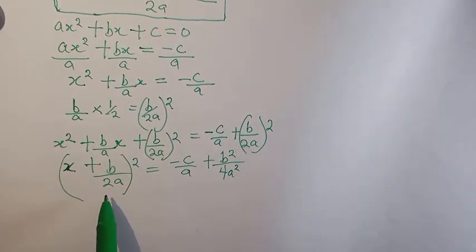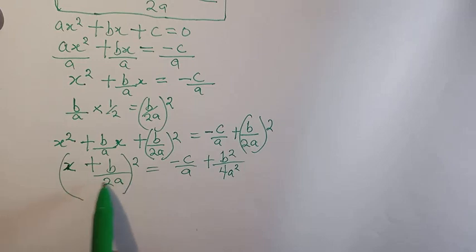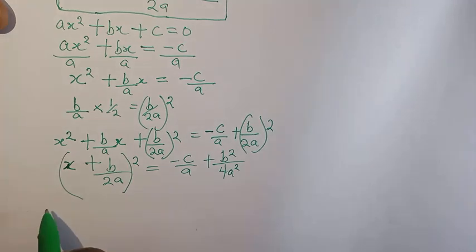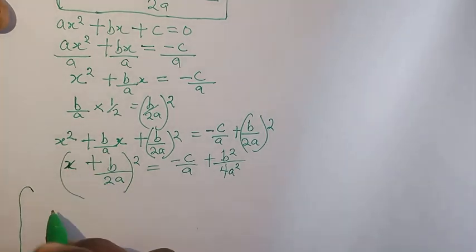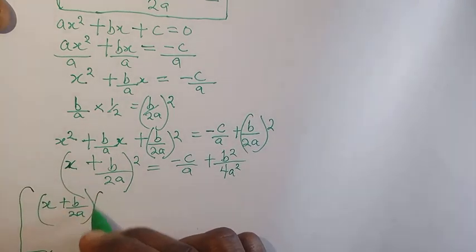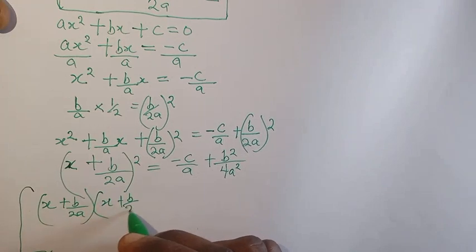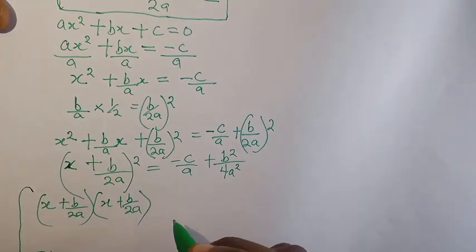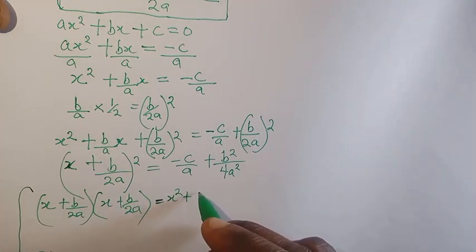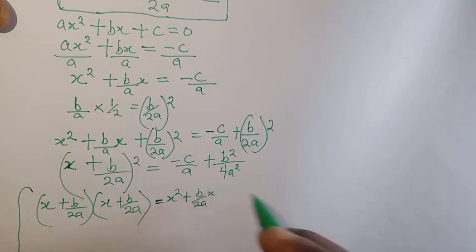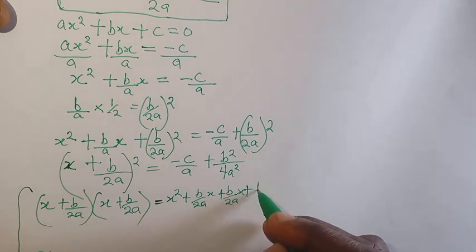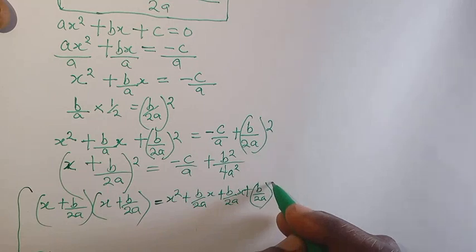Okay, so you might be wondering how we came about this. Yes, if we expand this particular term, it's going to give us this. So I'm going to quickly show that here. x plus b over 2a times x plus b over 2a. This is simply going to give us, if I multiply, x squared plus b over 2a x plus b over 2a x plus (b over 2a) all squared.